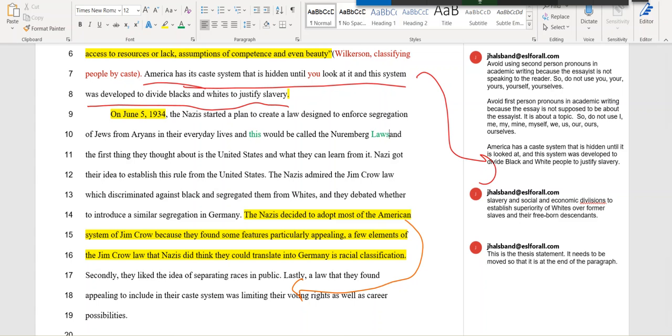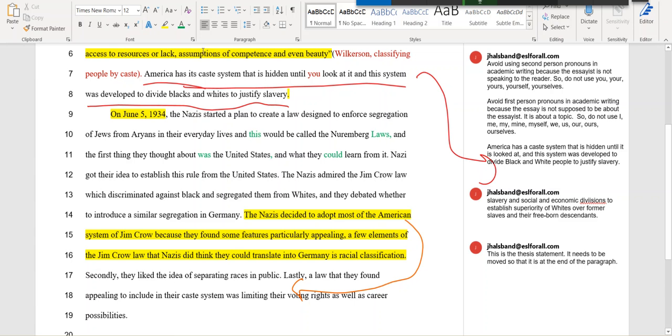Okay, Nuremberg Laws, comma. And the first thing they thought about, and this should be the past tense, because it's happened in the past, was the United States, comma, and let me make that green, just because I don't want to run a sentence. And what they could learn from it, because the past tense of can is could.